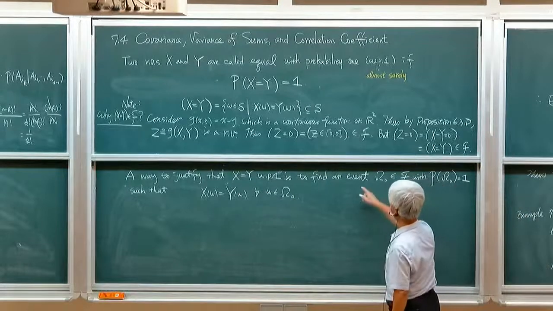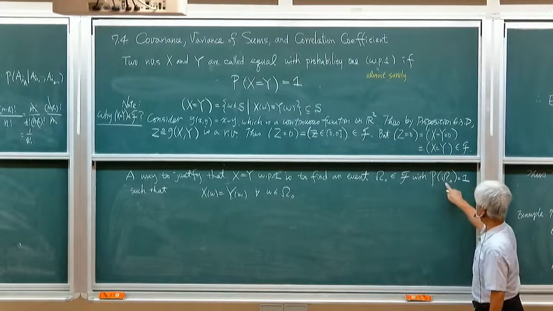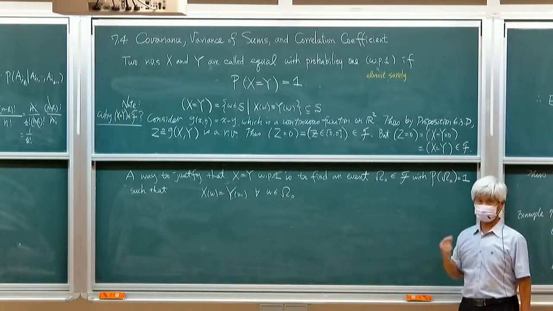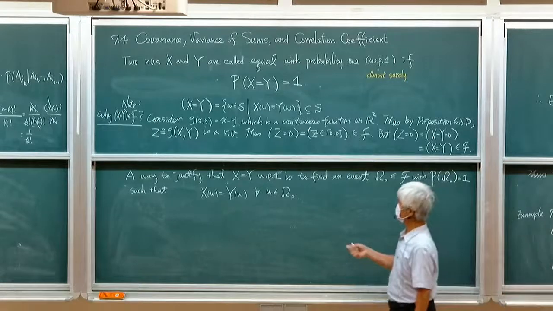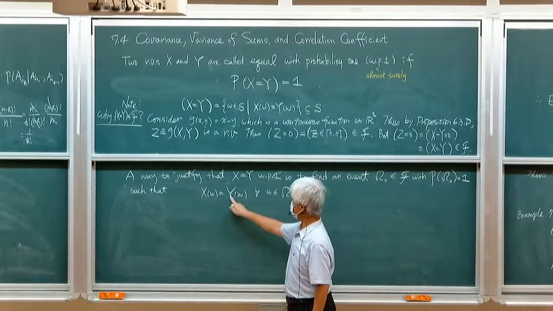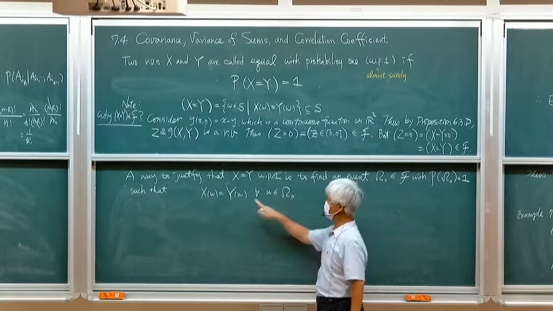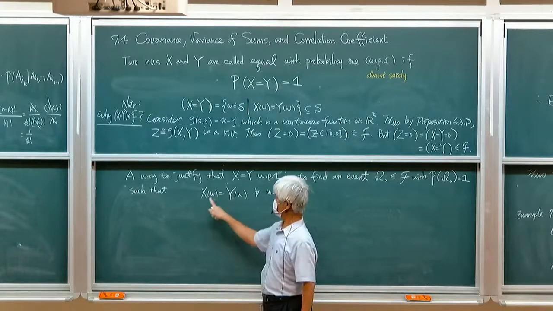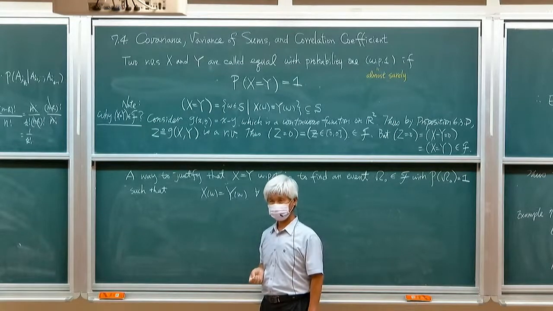So you just find an event omega 0 such that this event omega 0 has probability 1. And then you show that for all outcomes in this omega 0, the two functions x and y are equal.